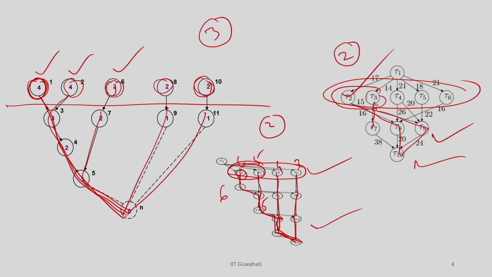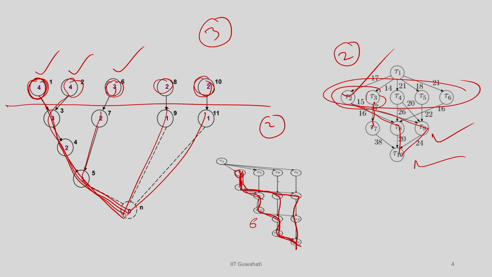But in the generic case, for example, this graph is a generic graph. For this graph, how many paths are there? This is one path, this is one path, this is one path, right. You can see the distance of this node is 1, 2, 3, 4, 5, 6.